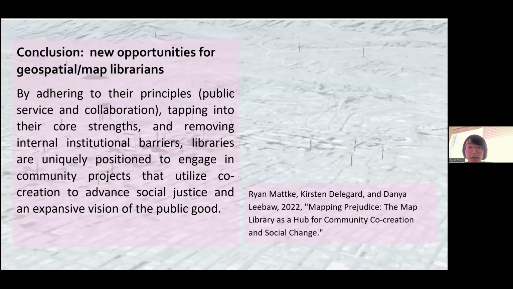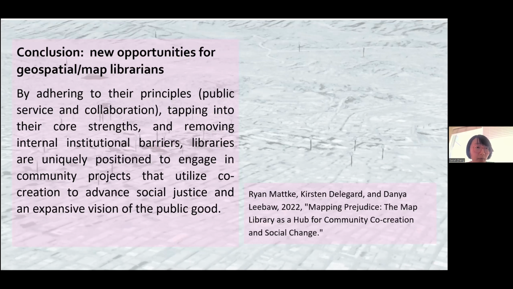And I'd like to borrow some sentiment from the authors of a paper that reflected on their experience with a project called Mapping Prejudice. Maybe some of you have heard about it. And their call to action really resonated with me.